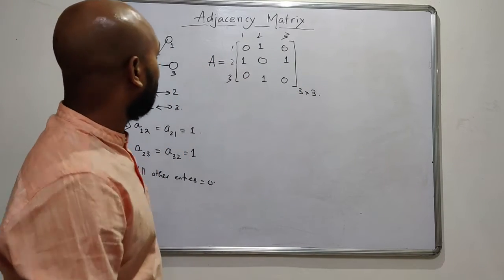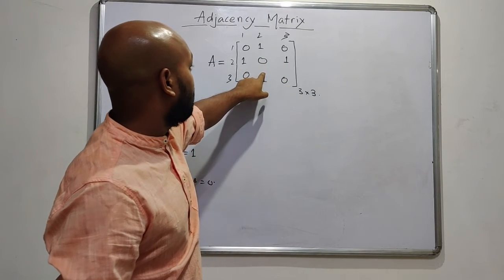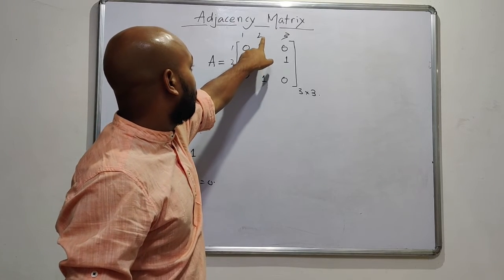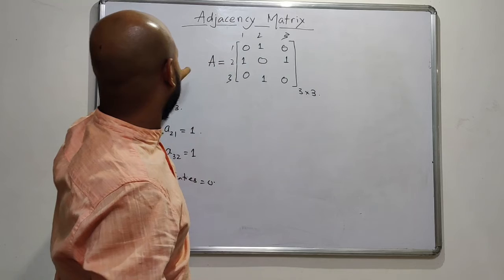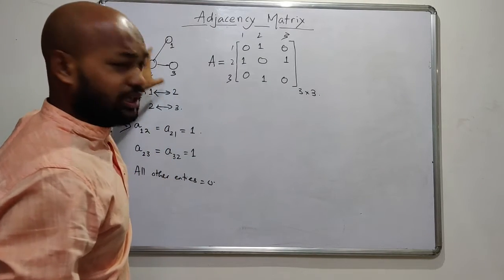Okay. So only those entries take the value 1, which represents the connection between the particular qubits in the graph states.